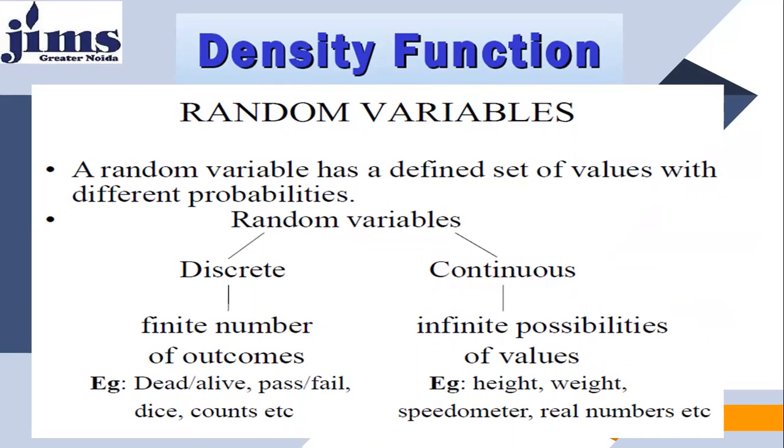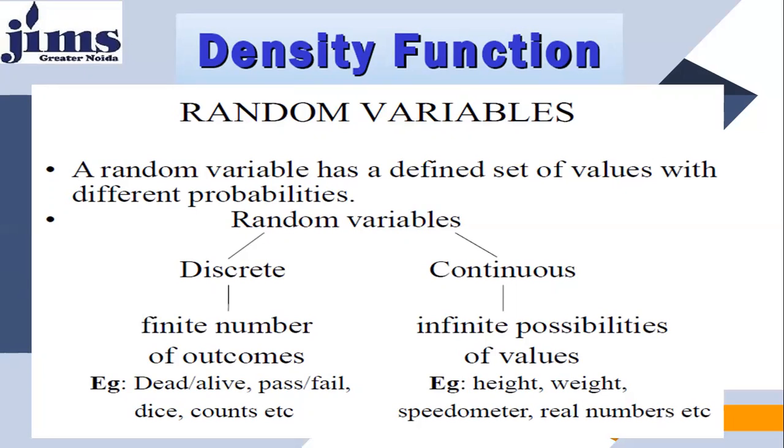It means different random variables have different probability density functions or probability distribution functions. Each random variable has its own probability density function, and also its own probability distribution, right? So different random variables mean different density functions and different distribution functions, right?